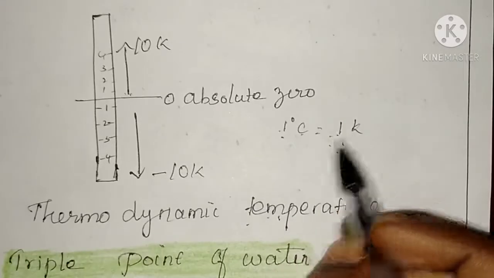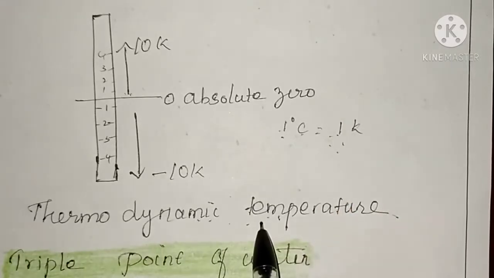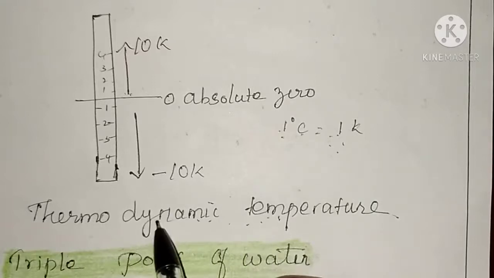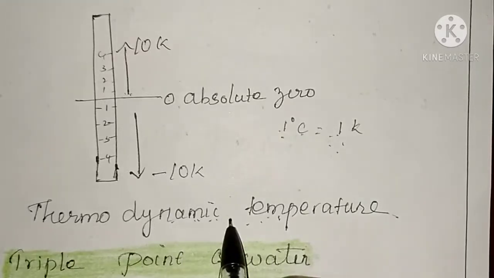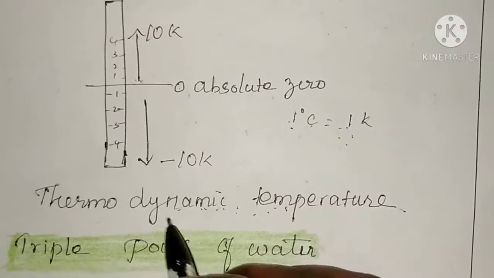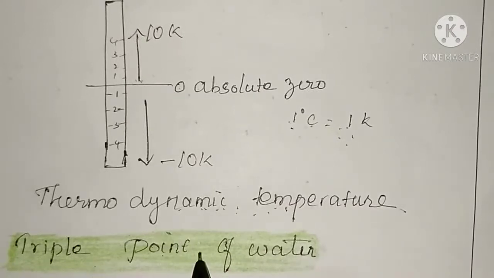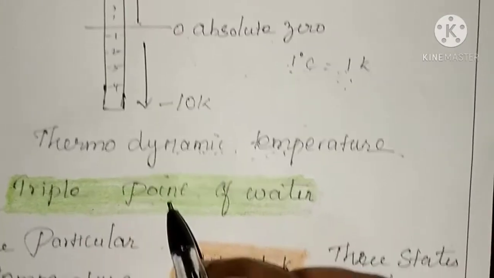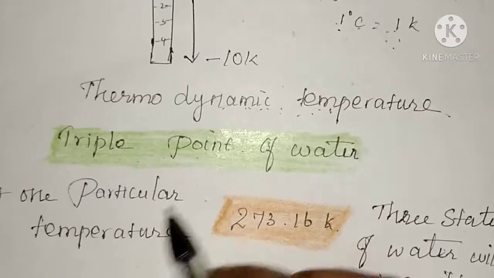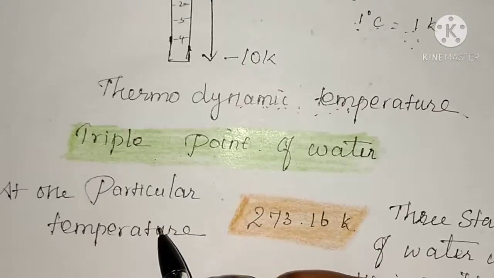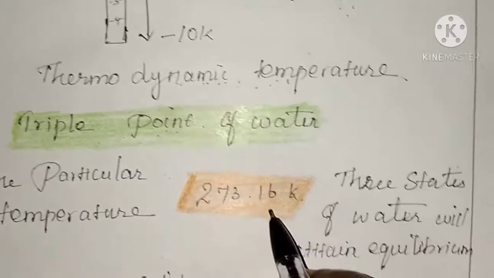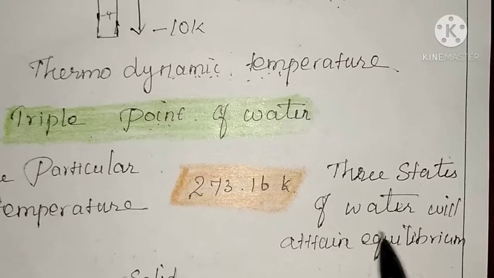So how will you define this thermodynamic temperature? Before that, we must know about the triple point of water. What do you mean by the triple point of water? The triple point of water means that at one particular temperature and pressure, the 3 states of water attain the equilibrium state.